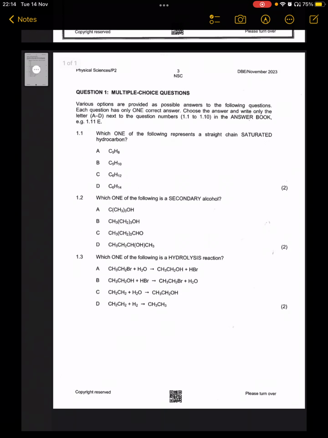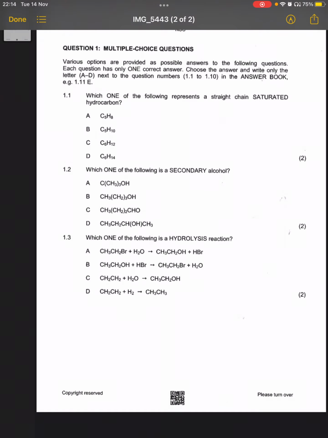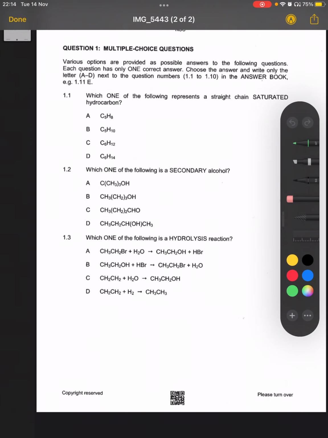In question 1, which is your multiple choice question, 1.1 said which one of the following represents a straight chain saturated hydrocarbon, and we know that a straight chain saturated hydrocarbon would be simply an alkane or a haloalkane.